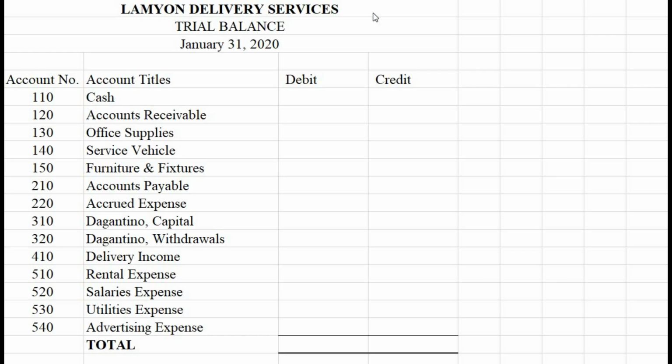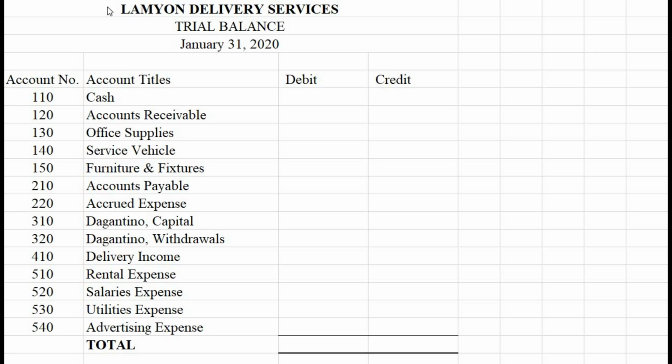So we have here, now I already prepared a trial balance, at least the format of it, except that wala pa tayong amounts. So ito yung step 1, that you make a list of all of the accounts na meron ang company. So, we also base this on the account titles na given na sa problem.